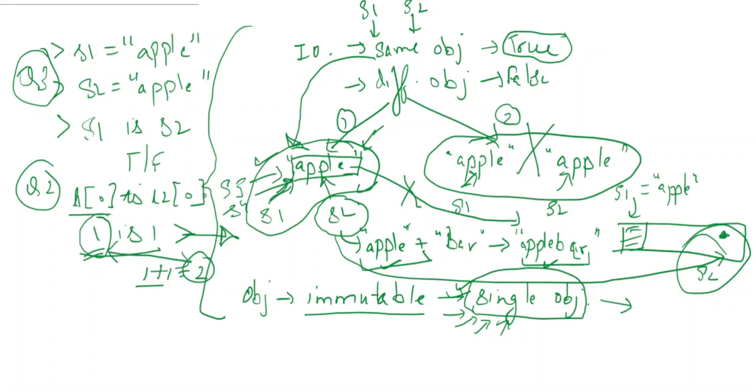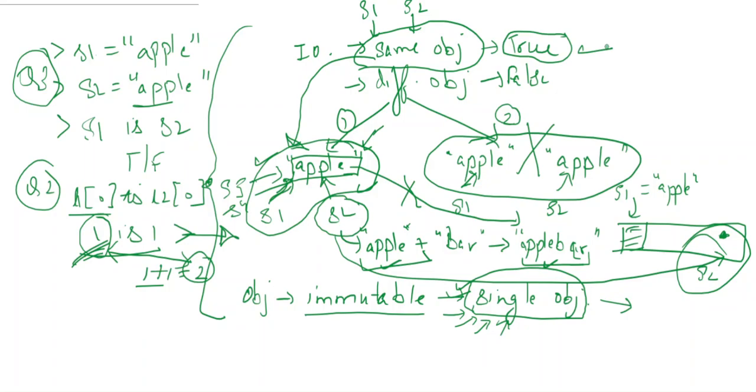So again, this is also following the same case. So we can safely say that if the object we are talking about is immutable, then we can have only one copy and all the variables can refer to the same copy of the object, and hence the identity operator will always return true in this case.